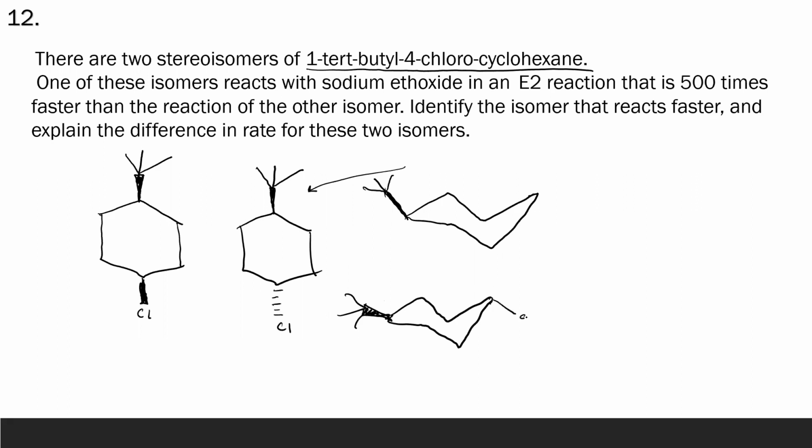In one case we have chlorine here, and then let me draw in our beta protons.